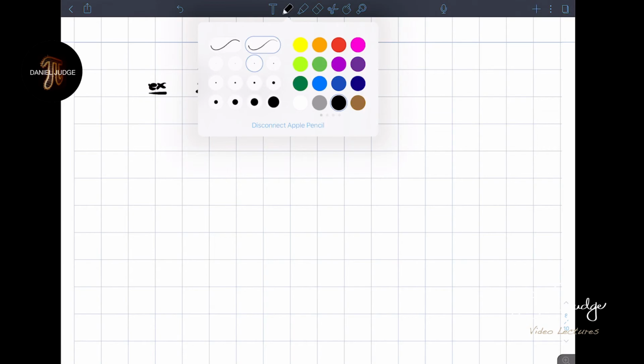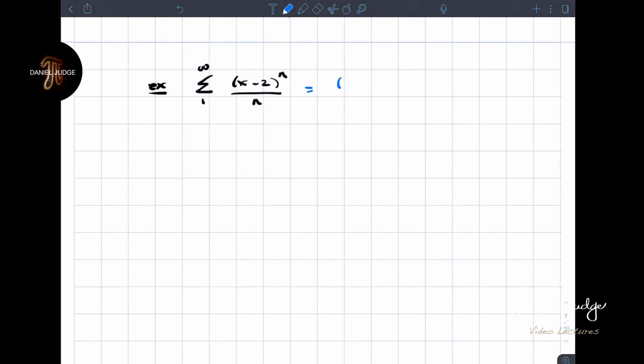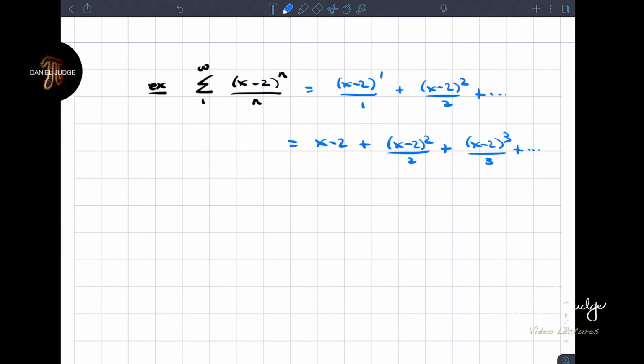So if you start to look at some of these terms by expansion, you get x minus 2 over 1 plus x minus 2 squared over 2, and that goes on forever, which is just x minus 2 plus x minus 2 squared over 2 plus x minus 2 cubed over 3, and then that goes on forever.